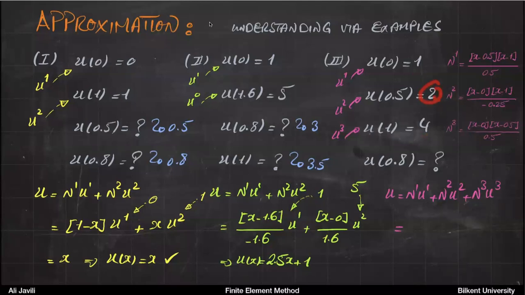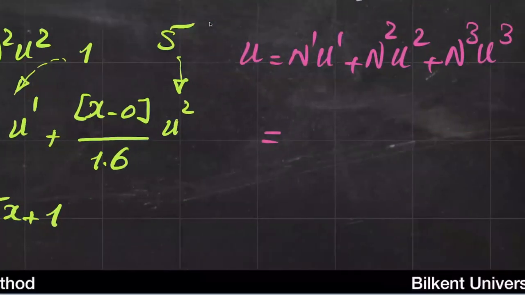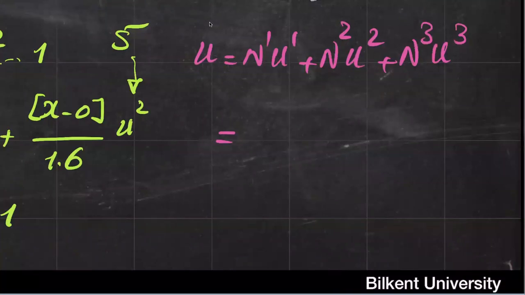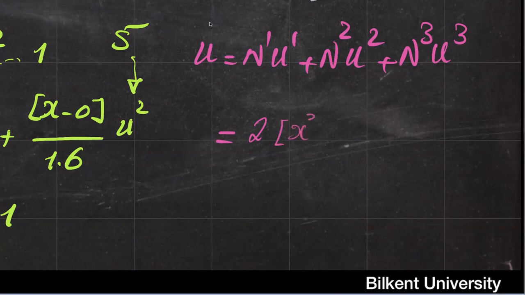When you insert this one, 2 divided by minus 0.25, that gives you something like 8 or minus 8, basically. So I'm saying that because I'm going to write them now, let's say by inserting them, but I want you to know where those coefficients are coming from. So 2 is just 1 divided by 0.5. It's not anything complicated. So this would be the contribution of the first one.